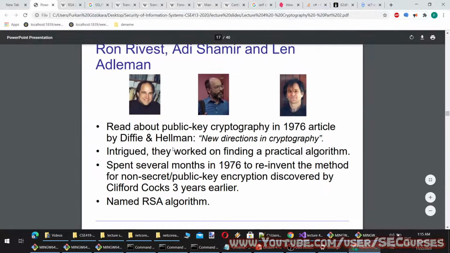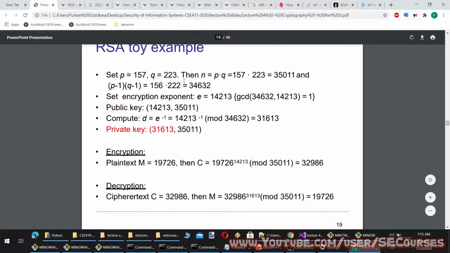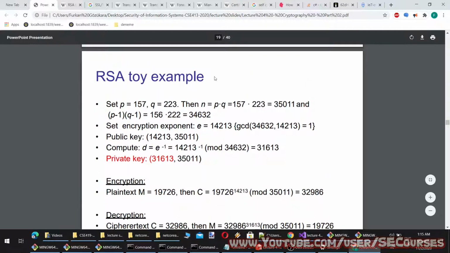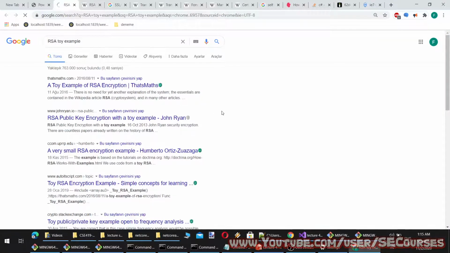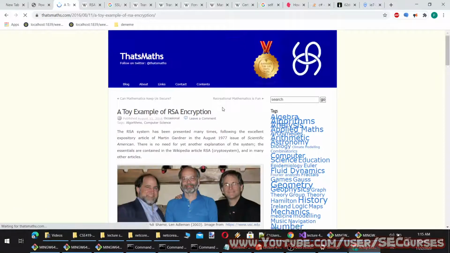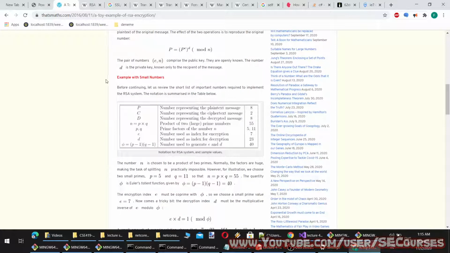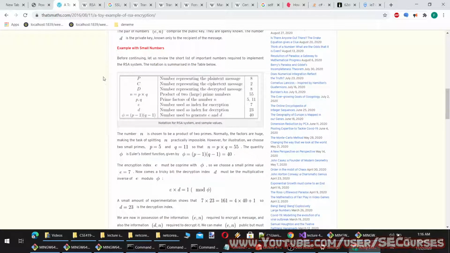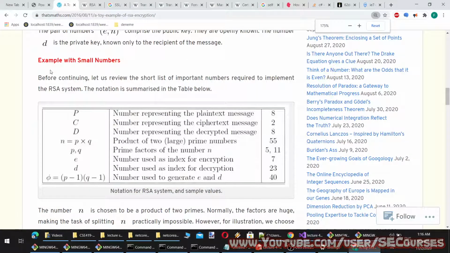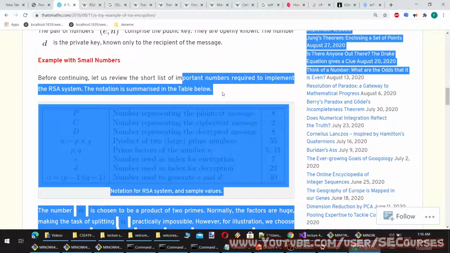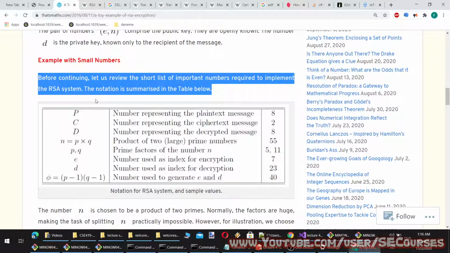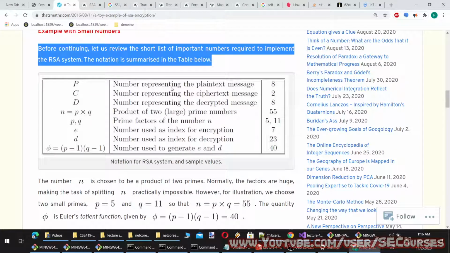Okay, so this is similar to the Diffie-Hellman algorithm. There is a toy example. Perhaps you can find a better one here. Okay, so numbers representing the plaintext message, numbers representing the ciphertext message, and such.